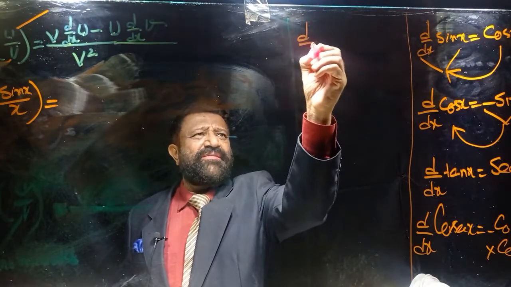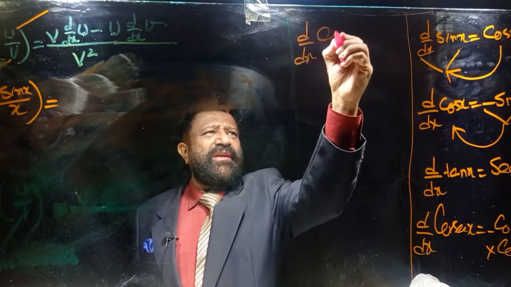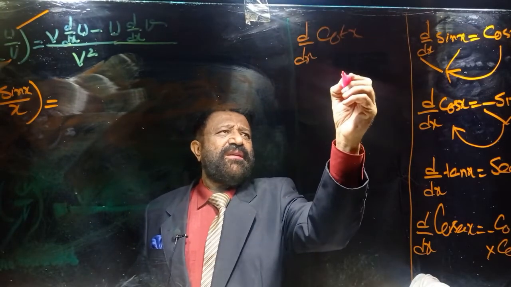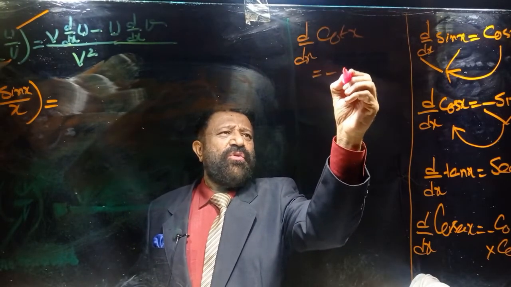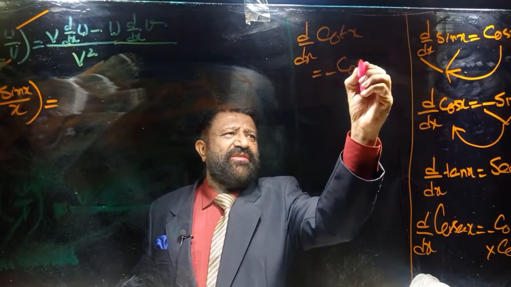The derivative of cotangent x is equal to minus cosecant square x.